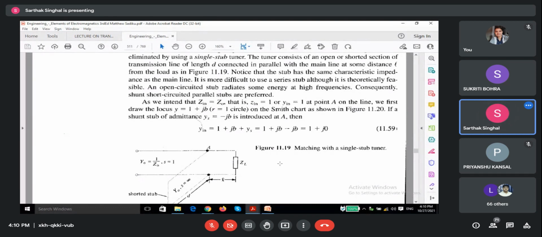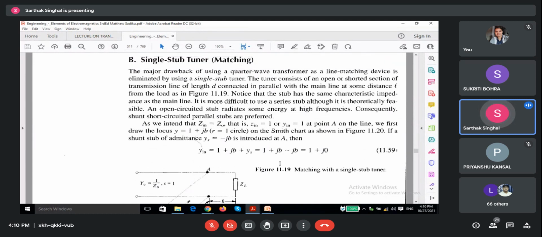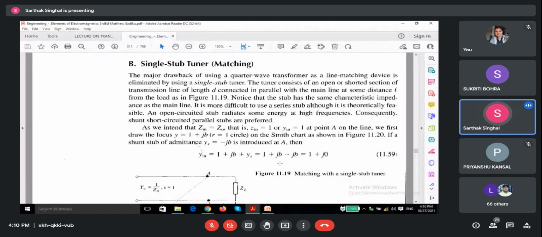Now, why are we adding this section in parallel? Because theoretically you can add a series stub, but in practice, you already have a single line transmission line. So if you want to add some additional component, either you should add it after the load impedance, or you should add it in parallel to the primary transmission line, right?